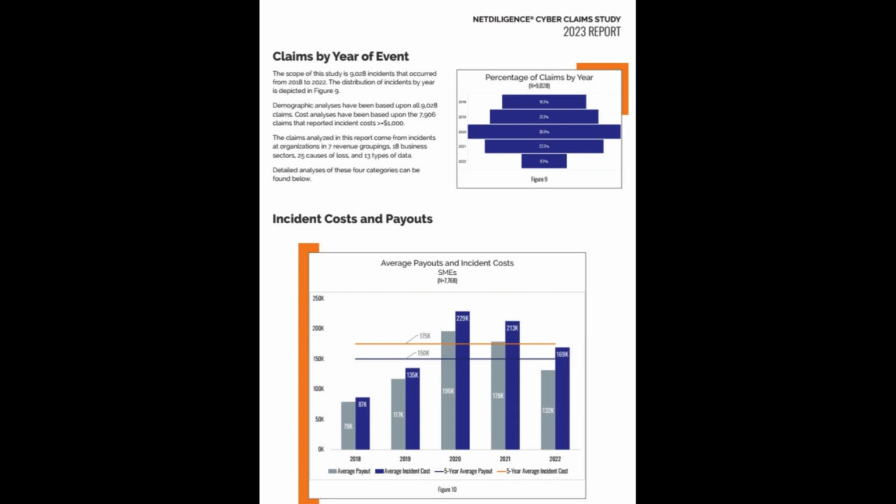How much can a cyber attack cost you? Let's see. According to the NetDiligence Cyber Claims Study, the report is from 2023, for the last 5 years, for small companies, the average incident cost is around $160K, and the average payout is around $130K.